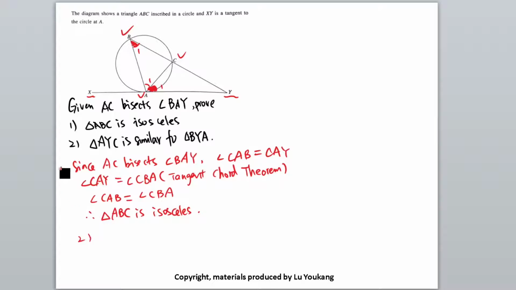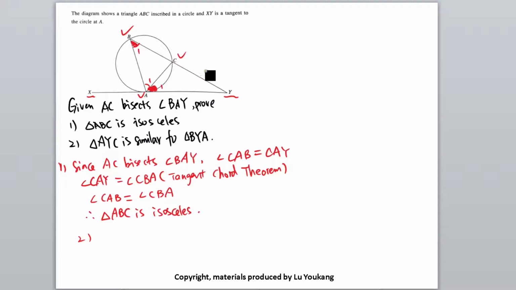Okay, next, part 2, we are asked to find or prove triangle AYC is similar to triangle BYA.